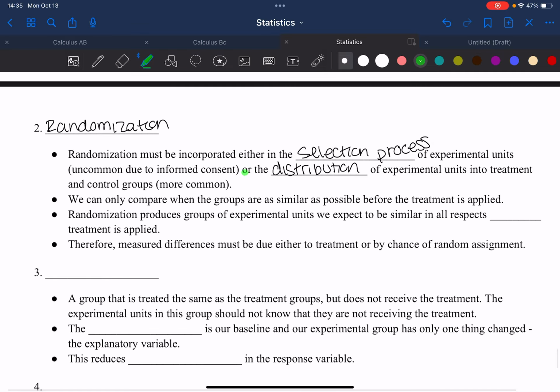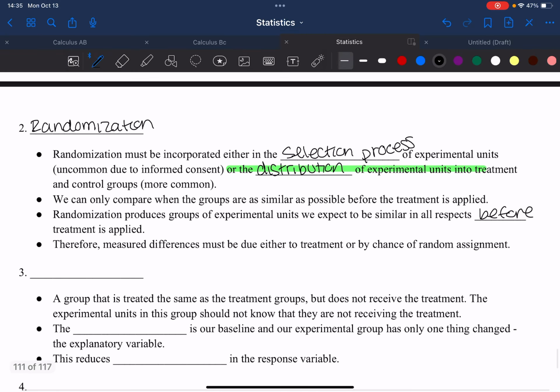This one is the most common. We only compare when the groups are as similar as possible before the treatment is applied. Randomization produces groups of experimental units we expect to be similar in all respects before treatments are applied. Therefore, measured differences must be due either to the treatment or by chance of random assignment.